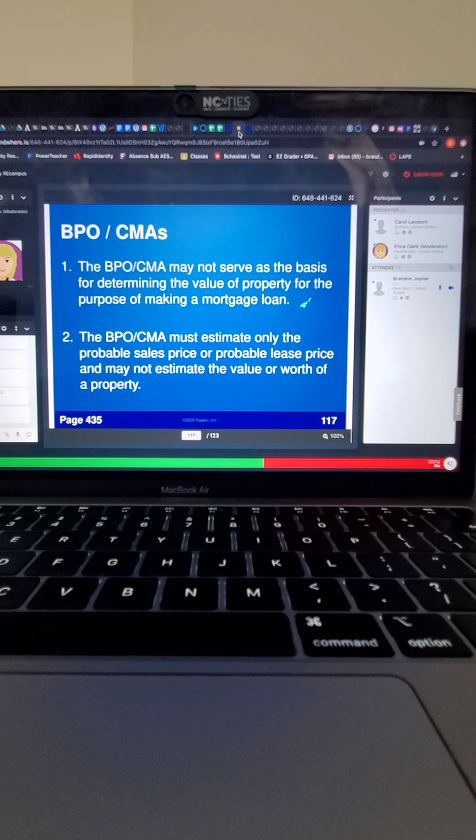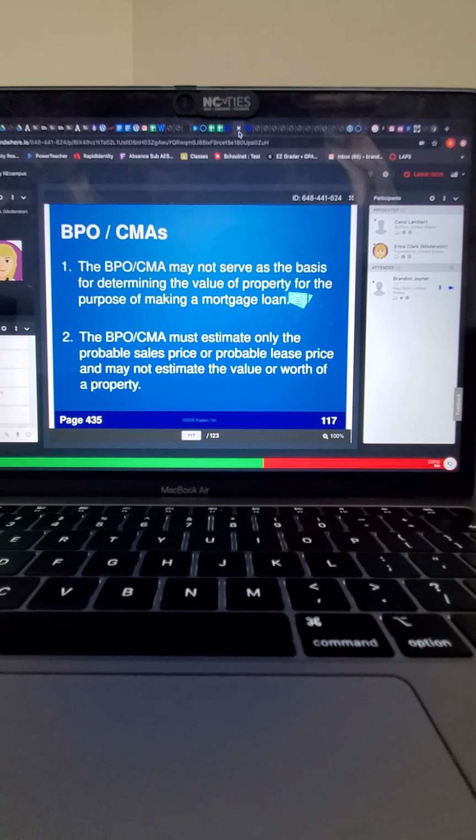A BPO can only be done for a fee by a non-provisional broker. In other words, a full broker. Once you've removed the provisional status by doing 90 hours of additional education, then you can do a BPO and charge for it. But as a provisional, you cannot.